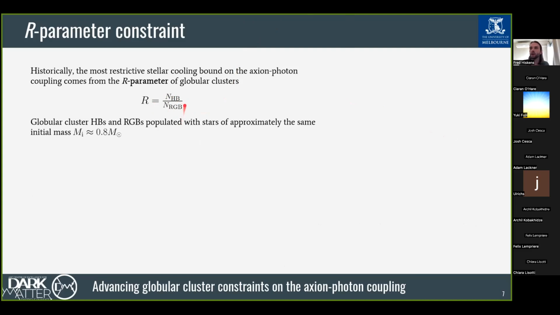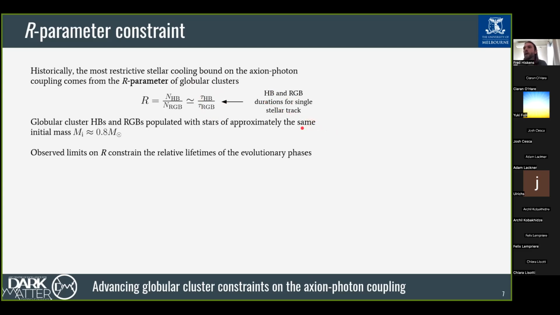Because these globular cluster horizontal and red giant branches are populated with stars of approximately the same mass, about 0.8 solar masses, you can approximate R, the ratio of their two numbers, with the ratio of the two lifetimes of these phases, where these are the horizontal and red giant branch durations for a single stellar track, or a single stellar evolution simulation rather. And so what this implies is that observed limits on R can constrain the relative lifetimes of these evolutionary phases.